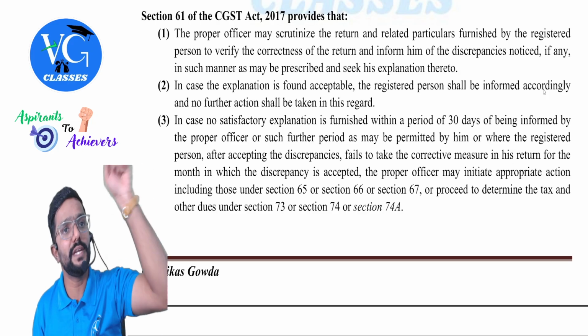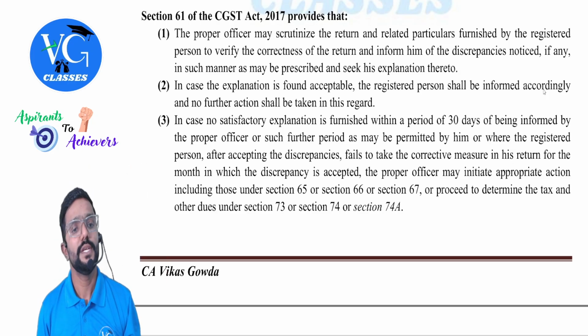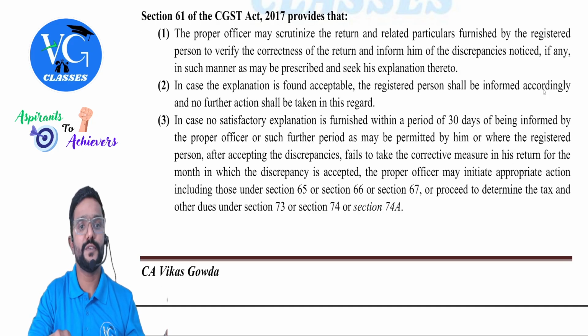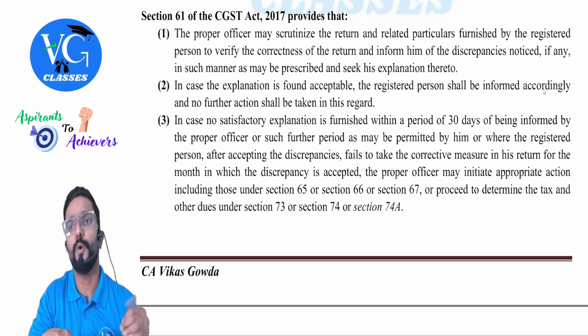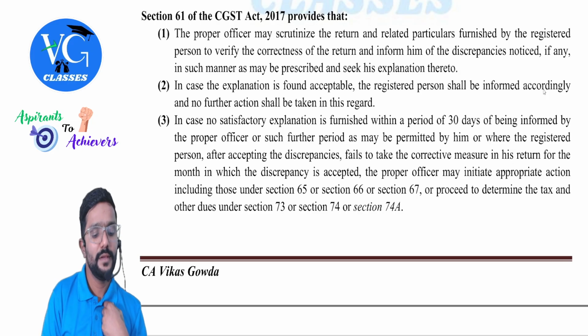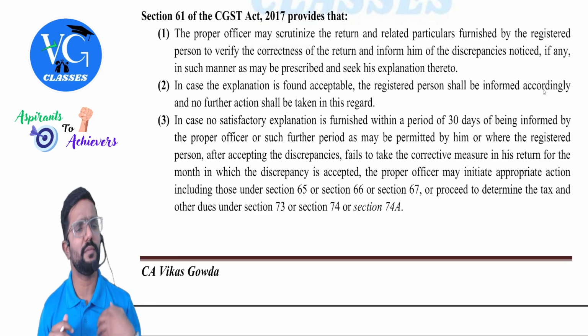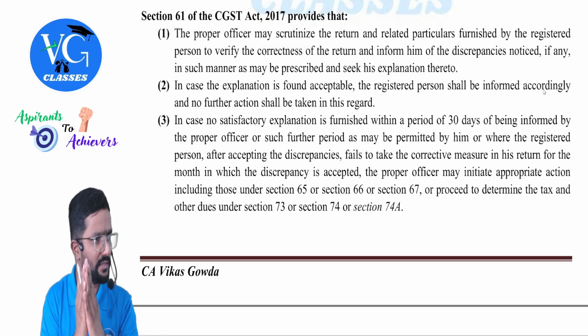What I have given in the returns is not matching with the information available with the department, if any, in such manner as may be prescribed, and seek his explanation thereto. So the proper officer is first giving me what, guys? Notice, asking me to explain it or to reply for it. Subsection 2: In case the explanation is found acceptable, whatever I gave, he is happy with it.